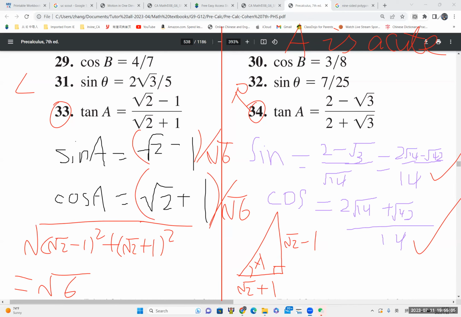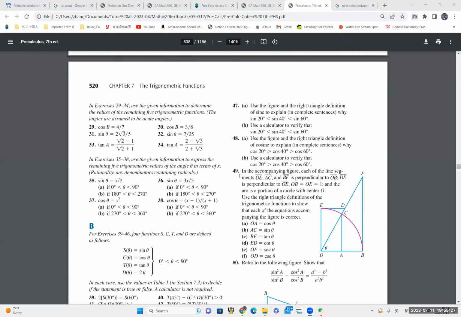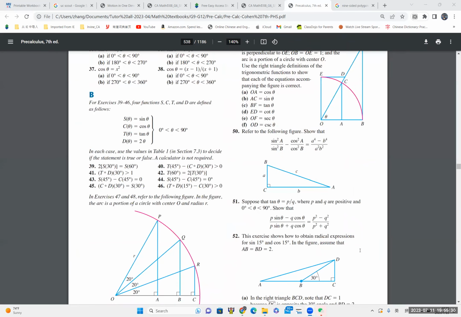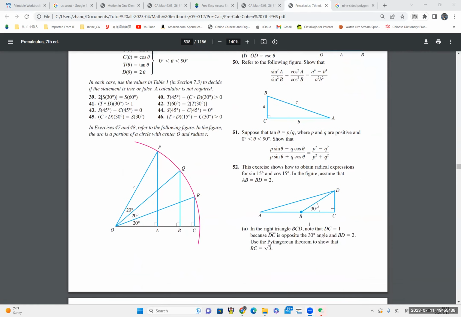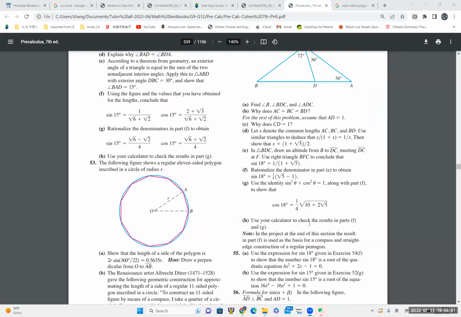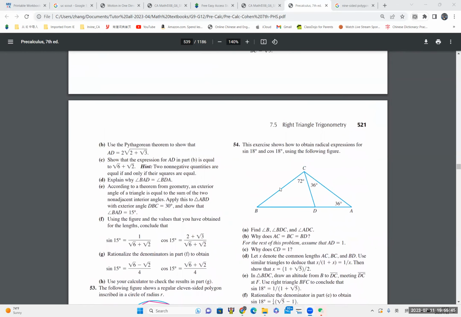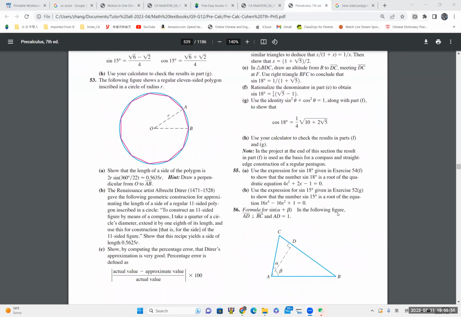Okay. If you need, please screenshot. Part B. We don't want some problem very big.